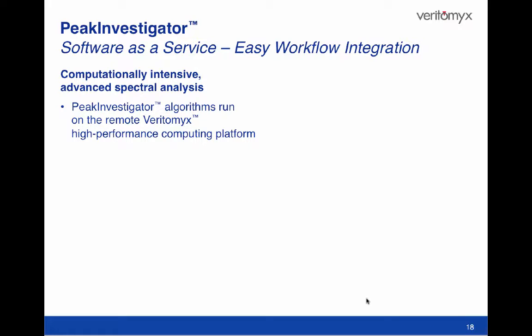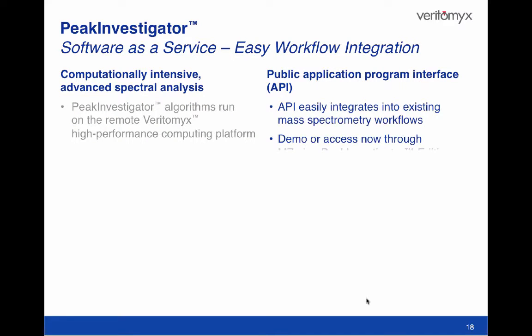PeakInvestigator's advanced signal processing capabilities are achieved through a combination of proprietary, state-of-the-art algorithms that are executed in a scalable, high-performance computing cluster to achieve timely and cost-efficient results. Accessing PeakInvestigator is incredibly easy using a simple API, or Application Program Interface, from your existing validated mass spectrometry workflow.